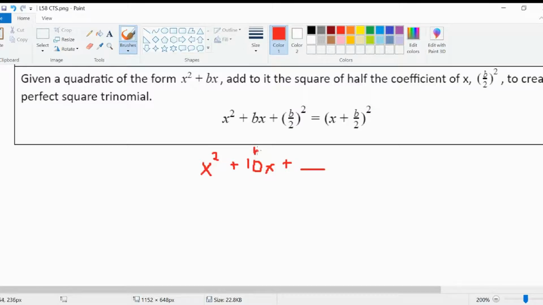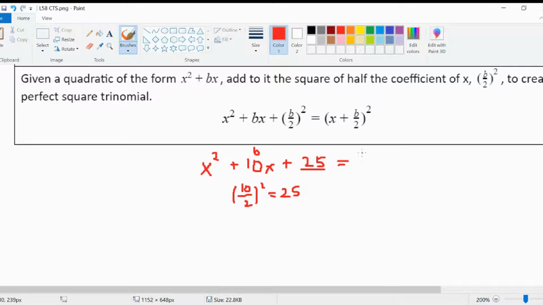So recall from our warm-up, there's our b term, and cut it in half and square it. 10 divided by 2, squared, is going to equal 25. So there is your constant term, your last term of your trinomial that will make this a perfect square trinomial. So you can take your b term divided by 2 and square it to always make a perfect square trinomial.